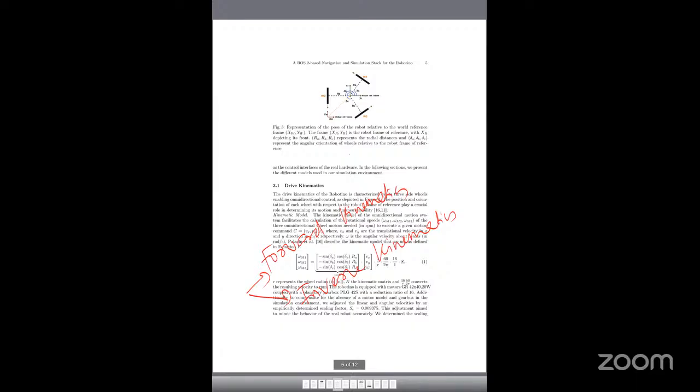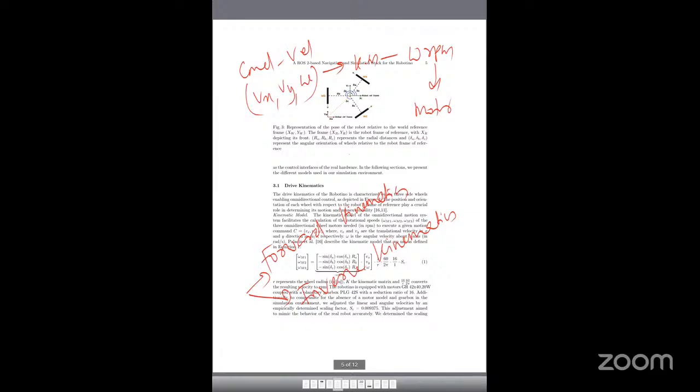So in forward kinematics, we have used command velocity Vx, Vy, omega, right? Then kinematic model, then wheel RPM, then motor. This is what is called forward kinematics. Okay. Next is called the inverse kinematics.